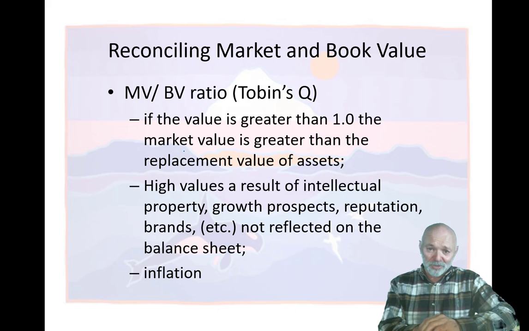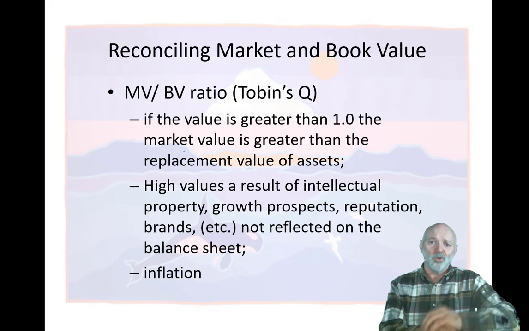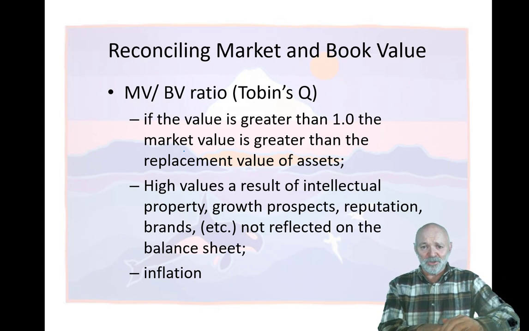If the market to book value is lower than 1, then that means you could actually go out and buy the company cheaper than you could buy all of its assets. So, in other words, why would you build a company when you can buy a whole company cheaper? Kind of like if you could go out and buy all the parts for your car for $500, but the car itself would cost $10,000.